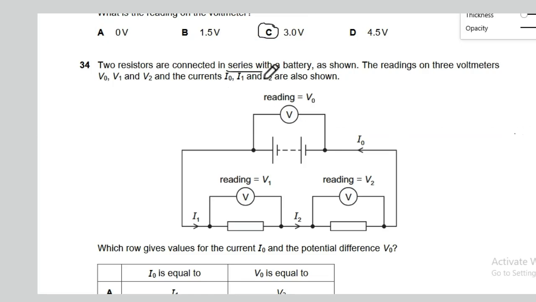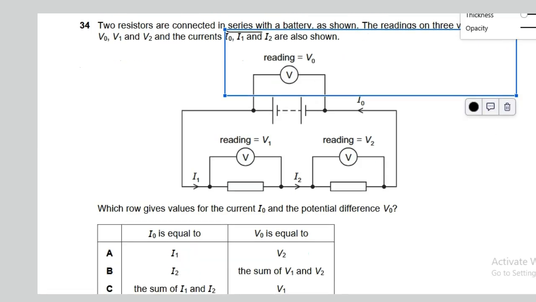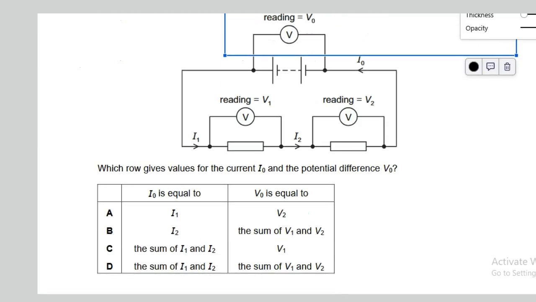Question 34. Two resistors are connected in series with the battery as shown. The readings on 3 voltmeters V0, V1 and V2 and the currents I0, I1 and I2 are shown. Which row gives values for the current I0 and the potential difference V0?